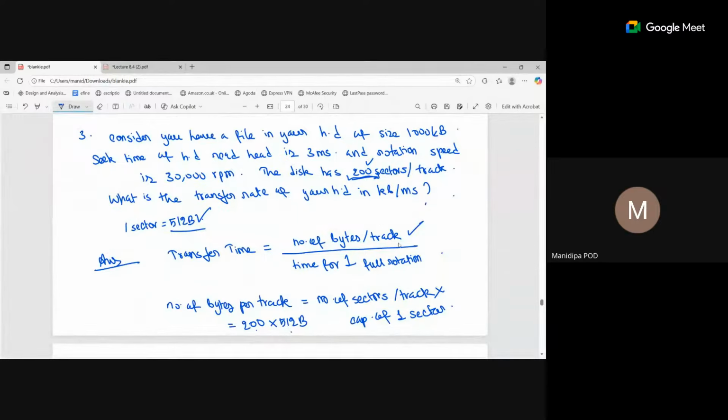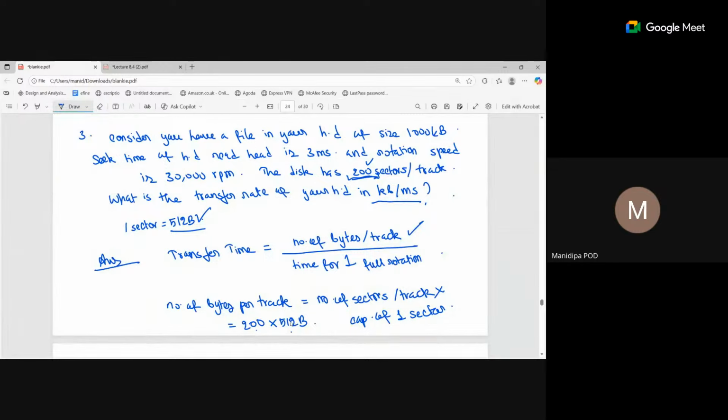Okay. But in the answer, we wanted KB per millisecond. This is in bytes. Convert it. 1024 bytes is equal to 1 KB.